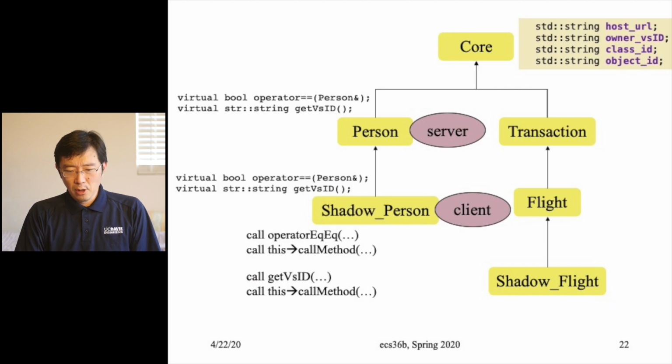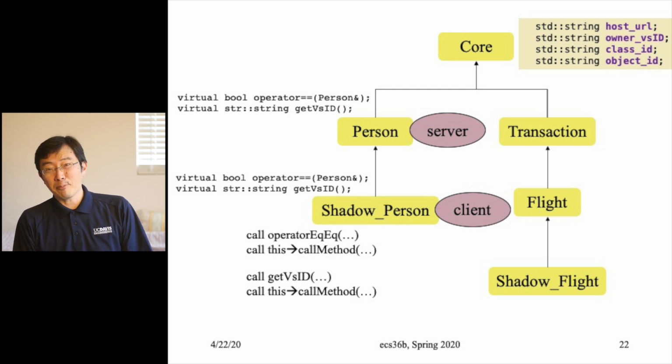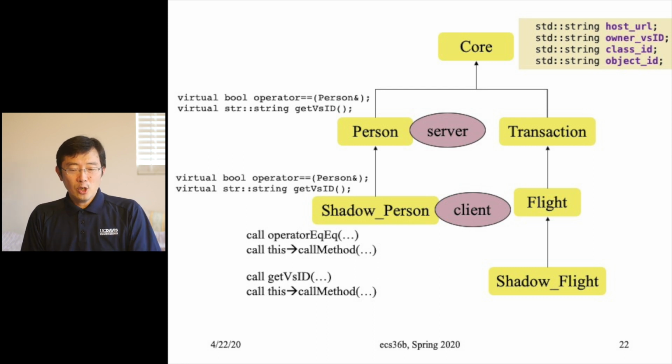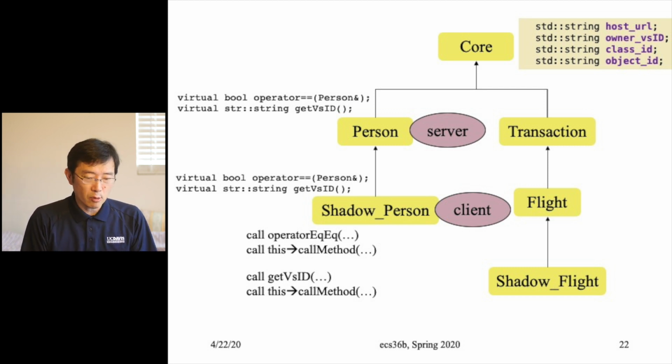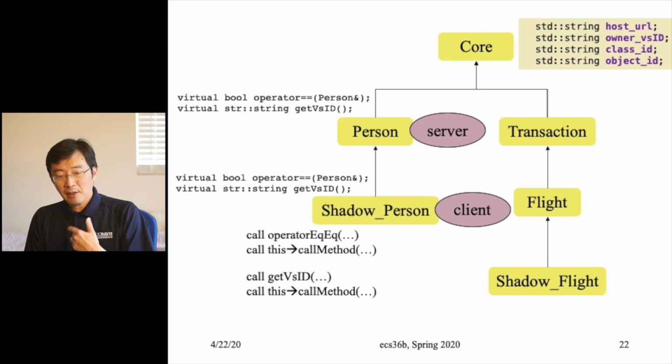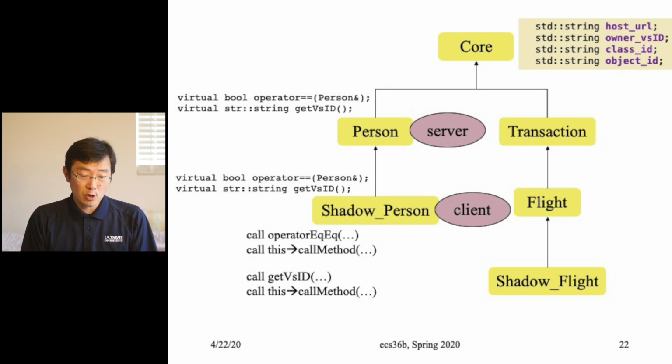So now let's look at what's happening in the class hierarchy. Essentially, in order to do homework assignment number 3, part 2, step 2, you will have this class hierarchy. You'll have a person and shadow person, but also you will have 2 different virtual functions. The first one is operator equal equal, as I showed you earlier. The second one is that you need to have a virtual function for get VSID.